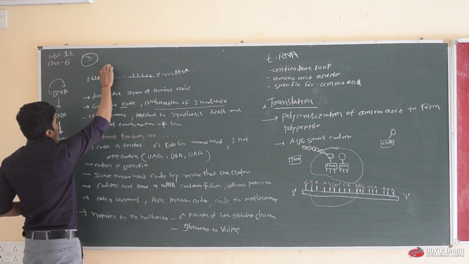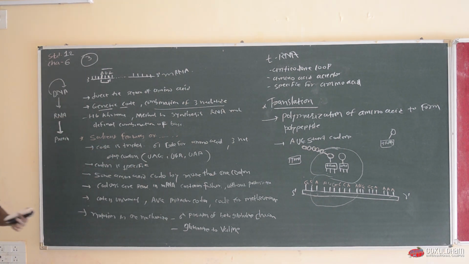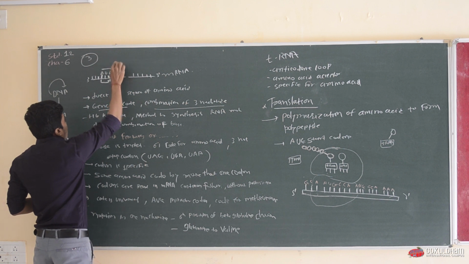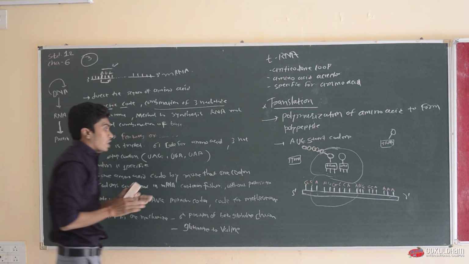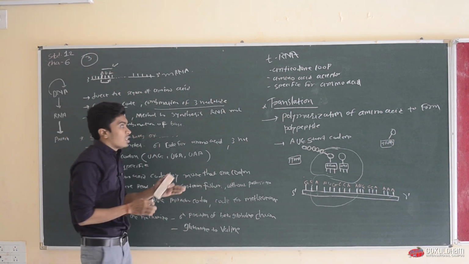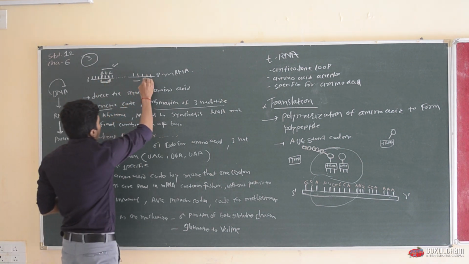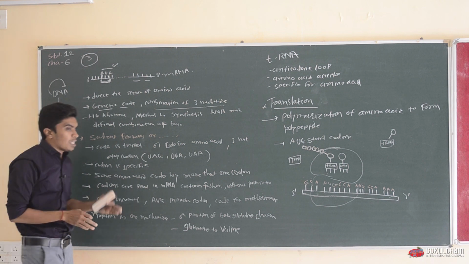This AUG is the code for the amino acid methionine. Likewise, other codons are responsible for the formation of different amino acids.